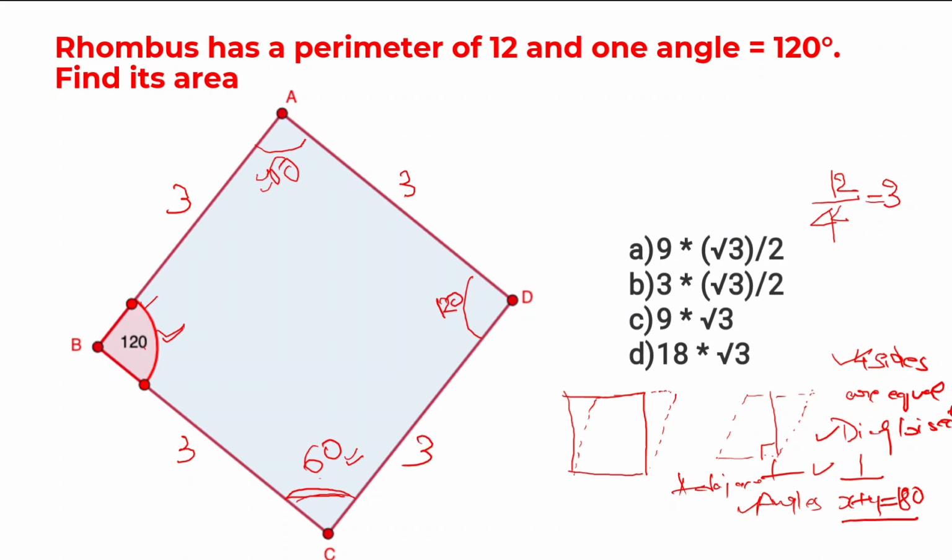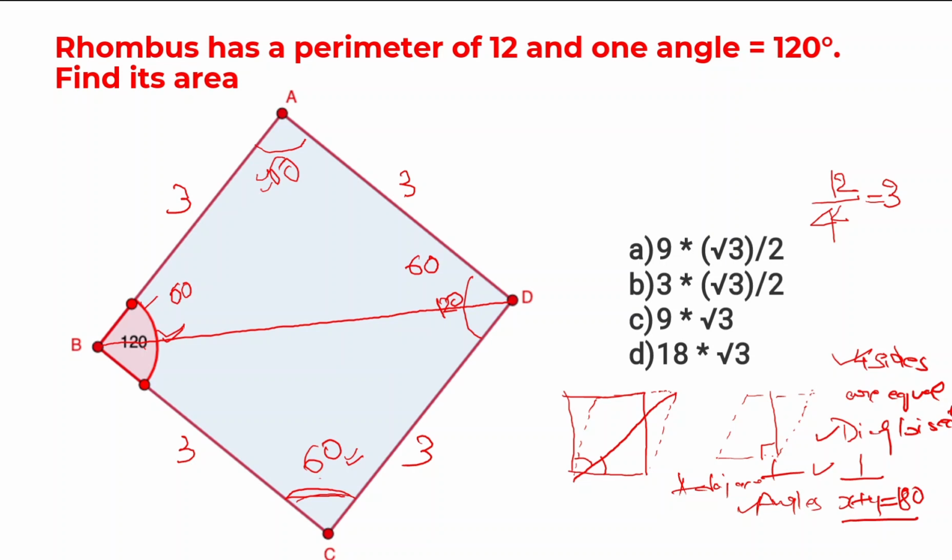Now one more thing is that the diagonal will also bisect the angle. This is also a property. So if I draw a diagonal, this angle will become 60 degrees, this angle also becomes 60 degrees, correct?